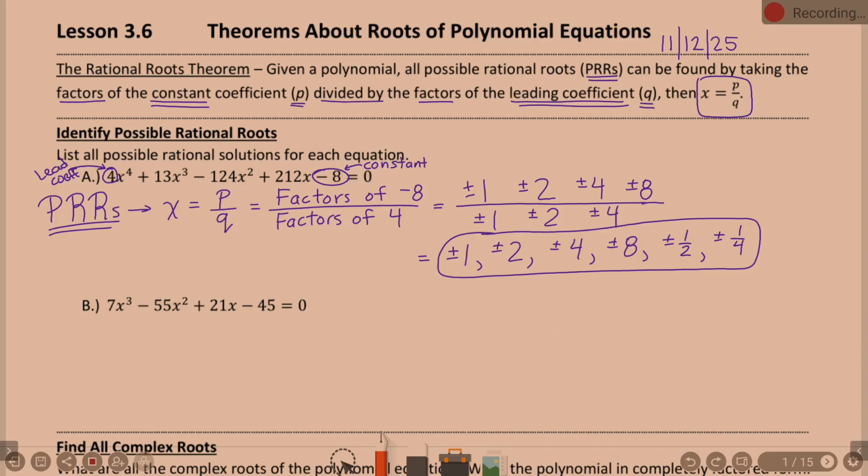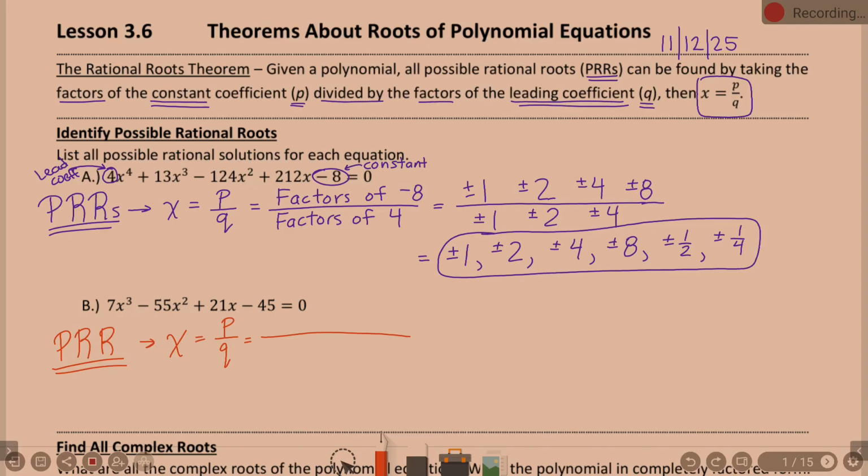Okay, so we have a new equation on example B. And again, we're being asked for our potential or possible rational roots, PRRs. So officially, I'm going to say P over Q. What about P? What goes on top?